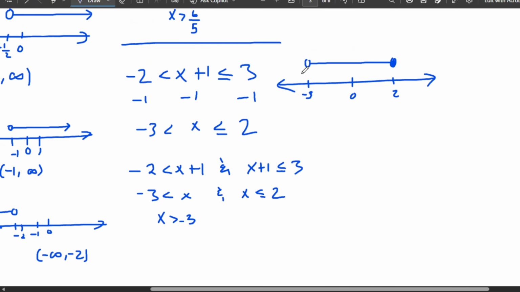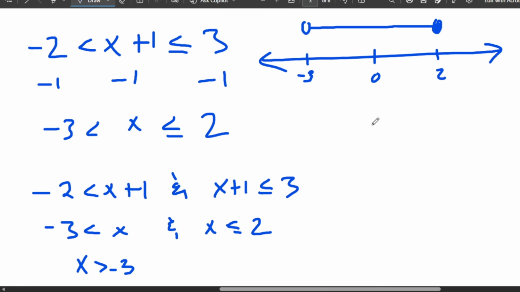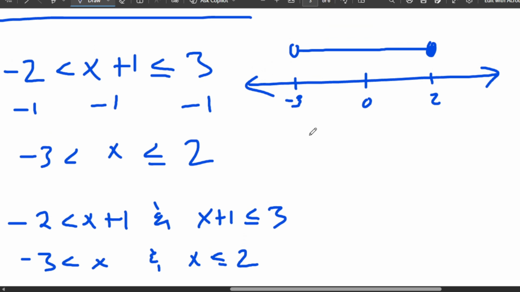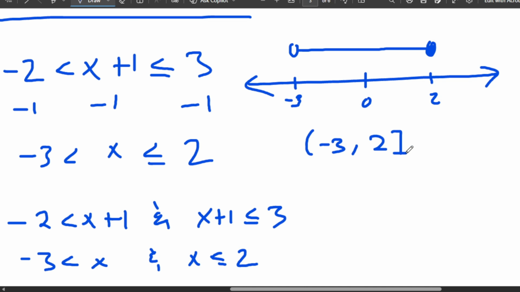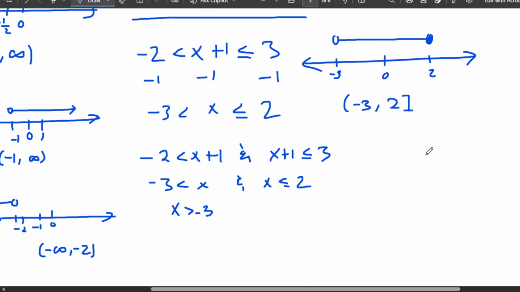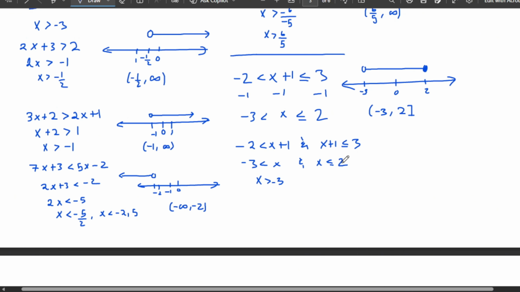So the same: greater than -3 but less than or equal to 2. And the interval notation would be from -3 with an open bracket to 2. Sorry, this is not the range. Okay.